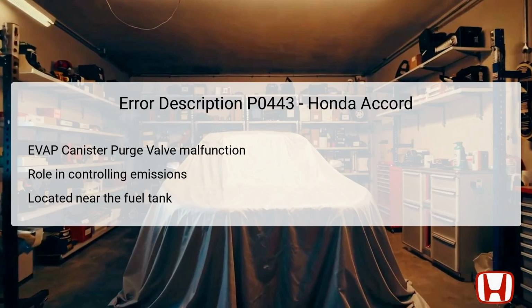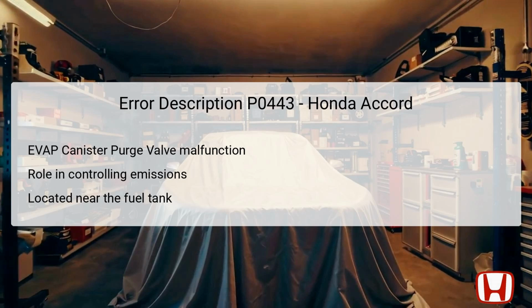The DTC P0443 indicates a malfunction in the Evap canister purge valve, an essential component in the vehicle's emission control system. The Evap canister purge valve is responsible for directing fuel vapors from the charcoal canister to the engine, allowing them to be burnt off during combustion. Its proper function is fundamental to maintain emission compliance and engine efficiency.